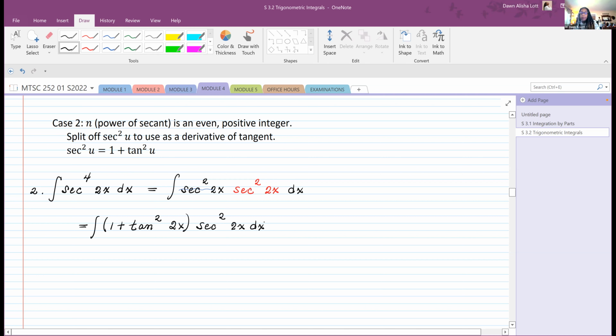So now I'm ready. I'm going to let u equal the tangent of 2x. And du says, well, I get the secant squared of 2x, but a 2 comes out because of the chain rule dx.